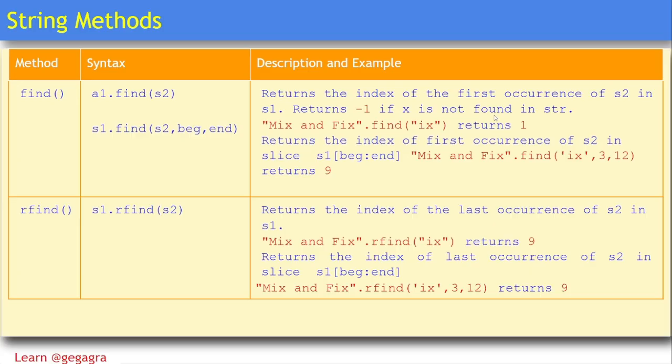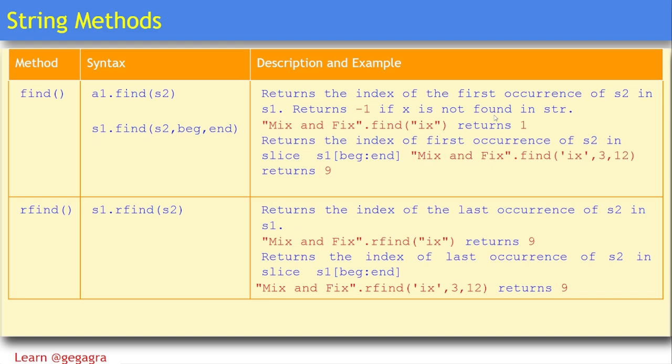Another option is that we can give a range. You have to find the substring from this index to this index. So over here, in this example, the string is searched from index 3 to the ending index 12, meaning 12 minus 1. So from 3 to 11 it will search for ix, and finally it will return 9.